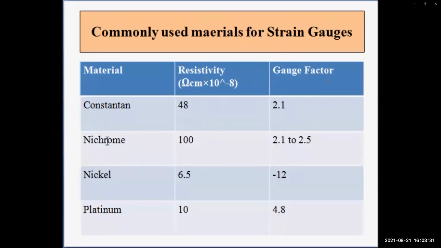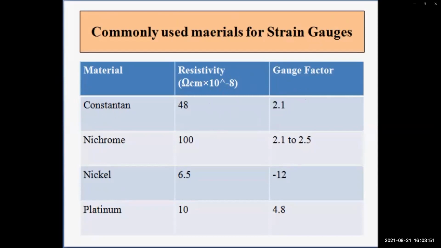Then there are bonded and unbonded strain gauges. There are many materials used, but these are the basic four materials which are generally used for strain gauges. The resistivity and gauge factor values are given. You can note them down if you want.